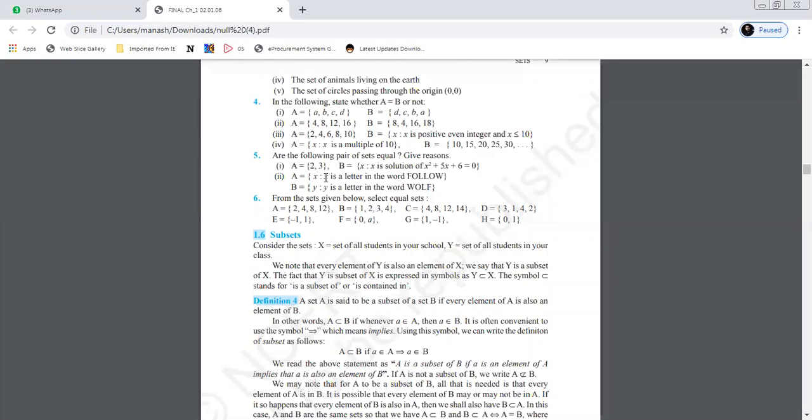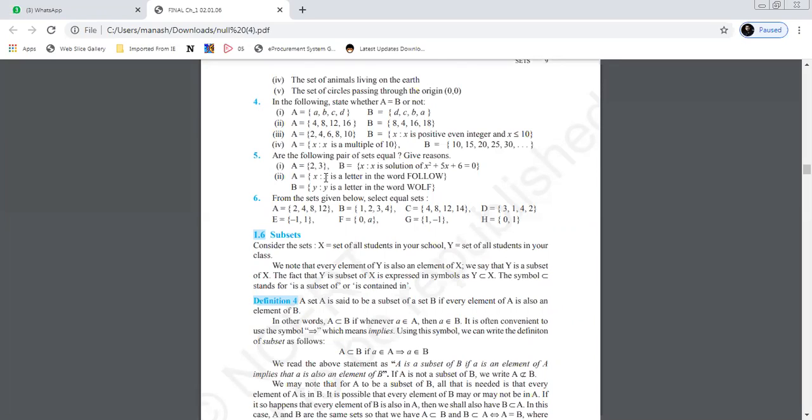So X plus 2 equal to 0 or X plus 3 equal to 0. If X plus 2 equal to 0, then X equals minus 2.